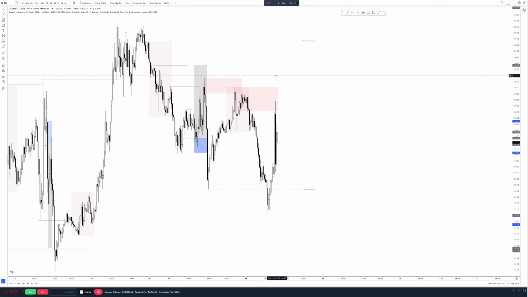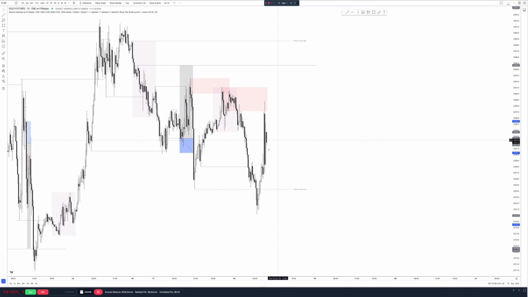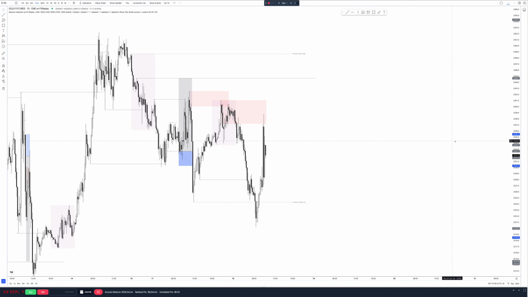Okay, so these highs honestly should be taken out. Well, this is structural liquidity as well, right? We do have this from before, so maybe until there, and then possibly, yeah, we'll see what happens after these highs get taken out. This one over here.